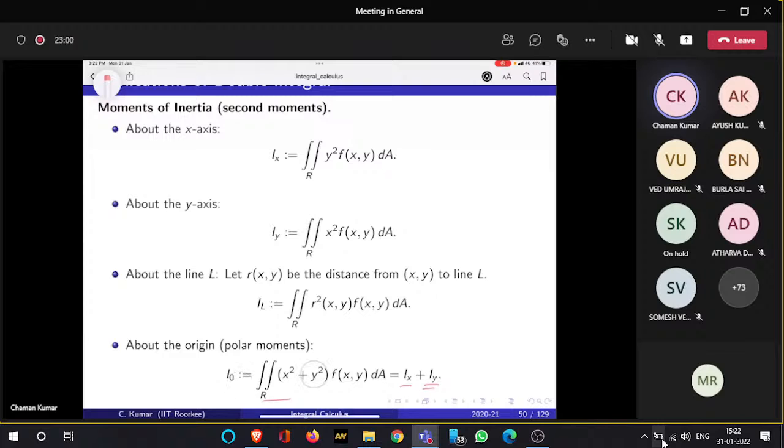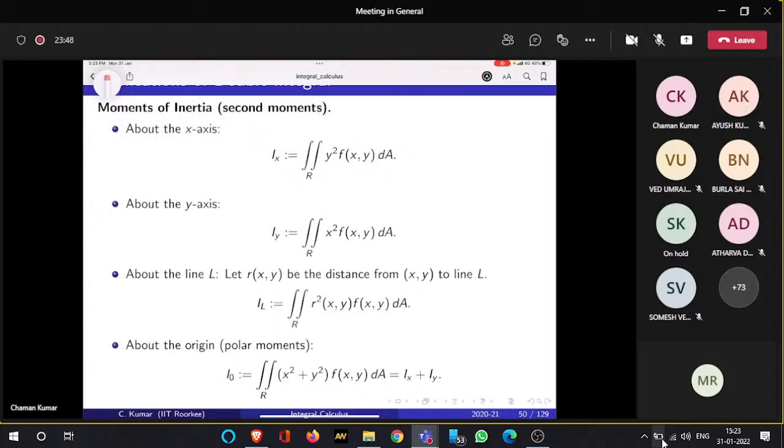So you remember, keep this formula in your mind, memorize this formula. This is important, otherwise you will not be able to solve the question. So memorize all the formulas and be careful about the axes. When you are asked about the x-axis, you write y square. When you are asked for the y-axis, you write x square. When asked about a line, then you calculate the distance of the line from the point xy, an arbitrary point xy in the region of integration, and that distance you write here.